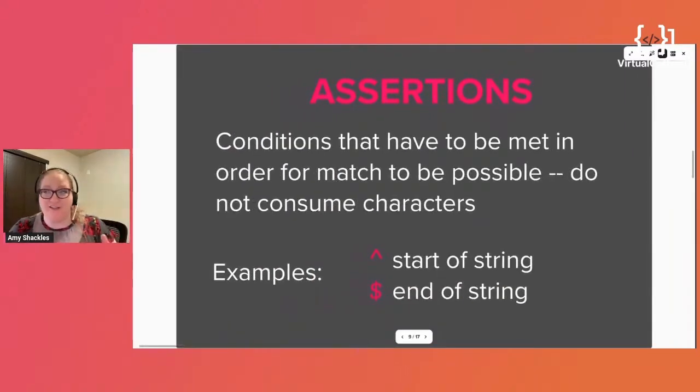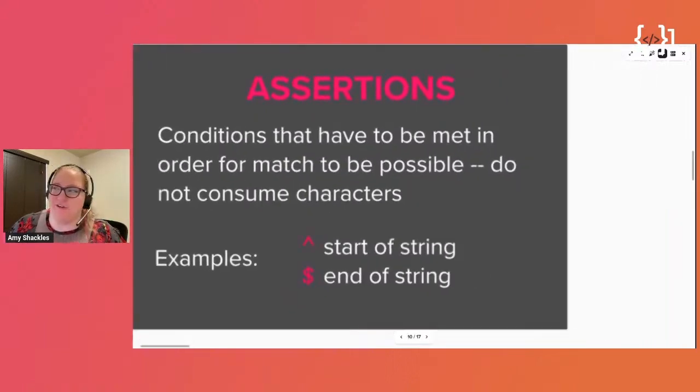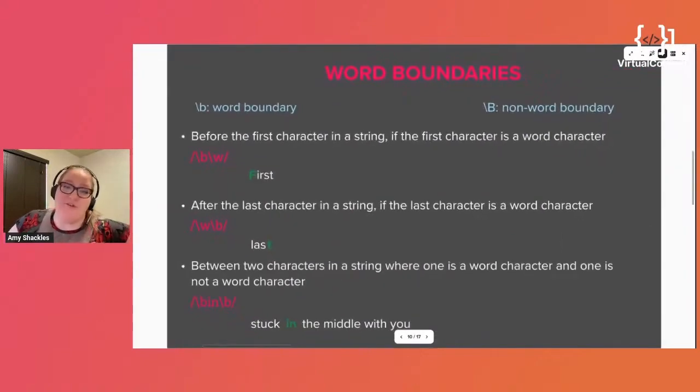Assertions are conditions that have to be met in order for a match to be possible, and they don't consume characters, unlike other parts of a pattern. We've already covered the start of string and end of string assertions. Now there are word boundaries. A word boundary is denoted by the pattern \b, and it's going to match before the first character in a string if that first character is a word character, after the last character in a string if the last character is a word character, or between two characters in a string where one is a word character and one is not.